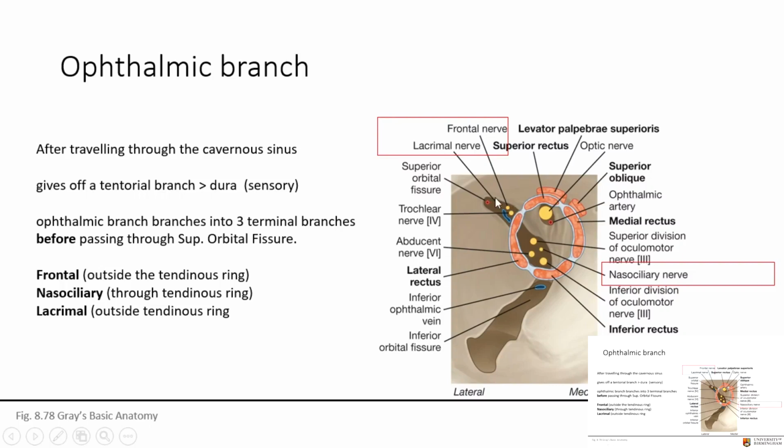The frontal nerve and the lacrimal will come from the superior orbital fissure but will be located outside of the tendinous ring, but only the nasociliary nerve will run within the tendinous ring, between the superior and inferior divisions of the oculomotor nerve, and also medially located in relation to the abducens.